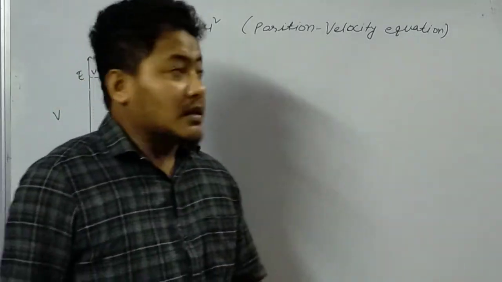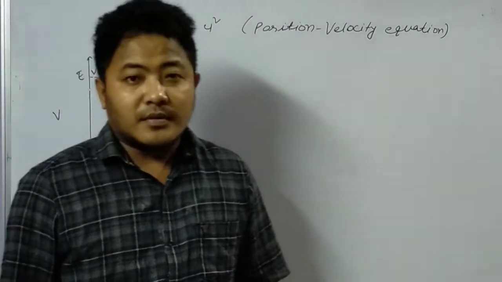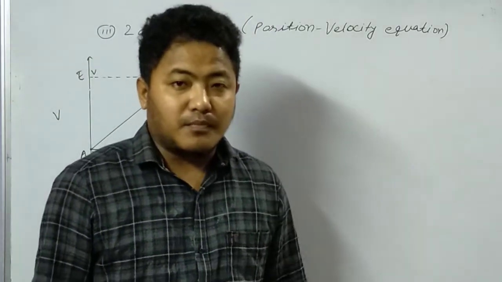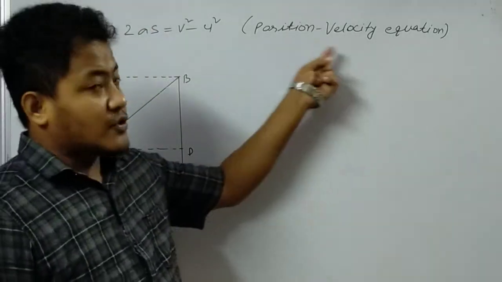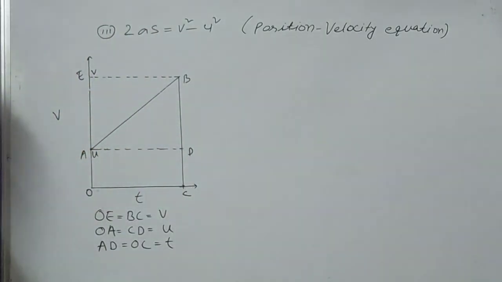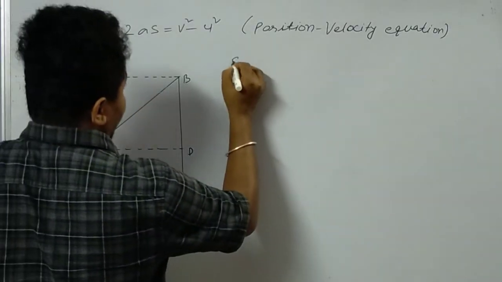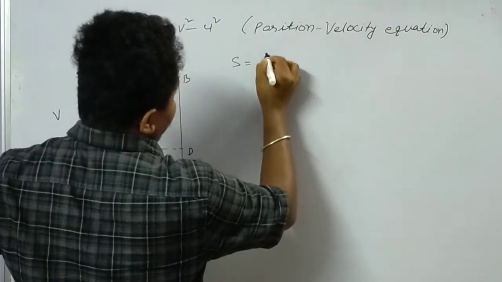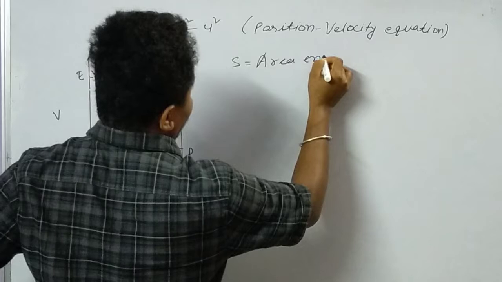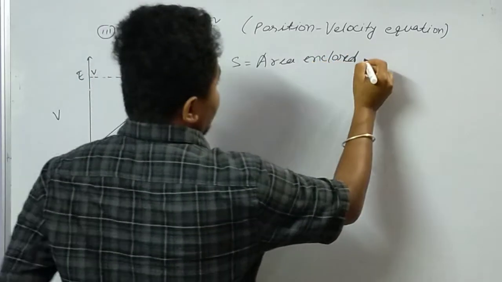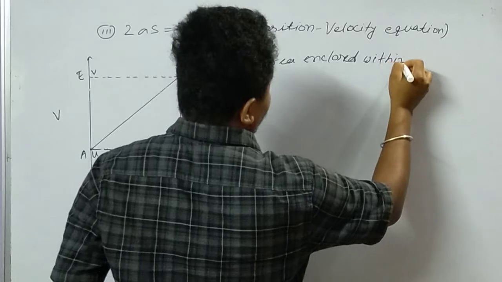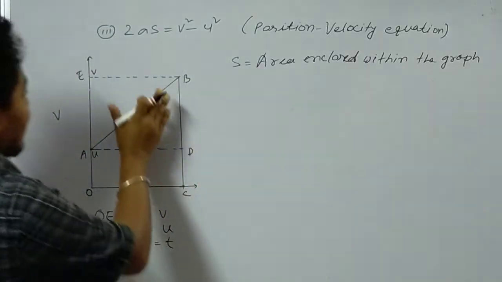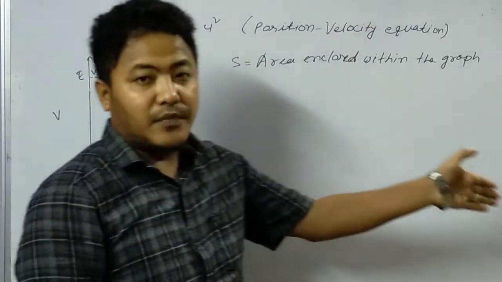First was the velocity time equation, second was the position time equation, and this is the position velocity equation. Now we will go for it. We know that the area enclosed within the graph will be the position of the object.